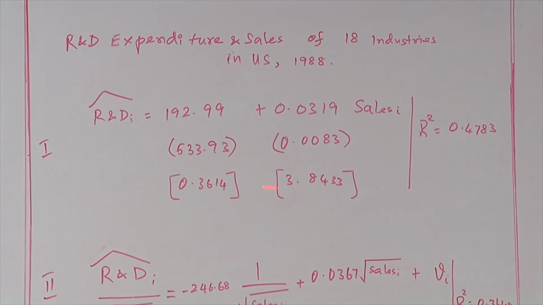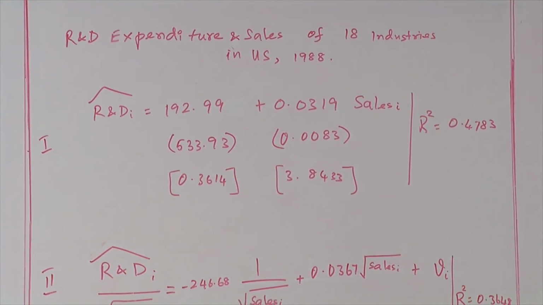After identifying the heteroscedasticity problem, it is found that the variance is in proportion to the sales revenue, and so the transformation is suggested.